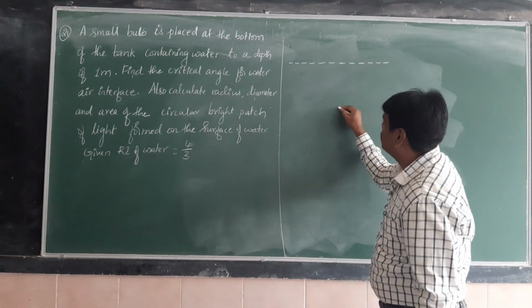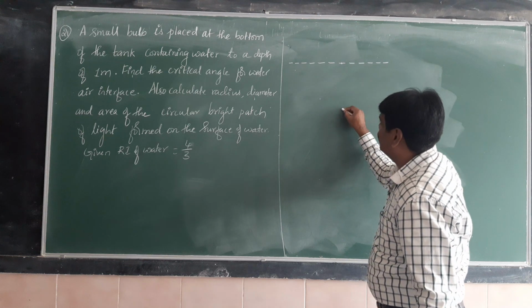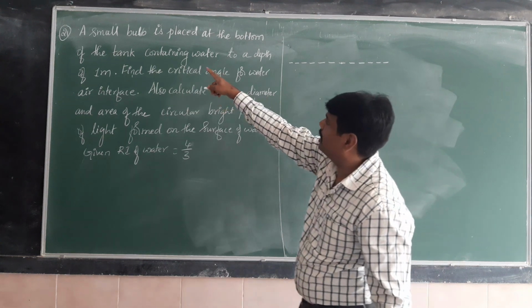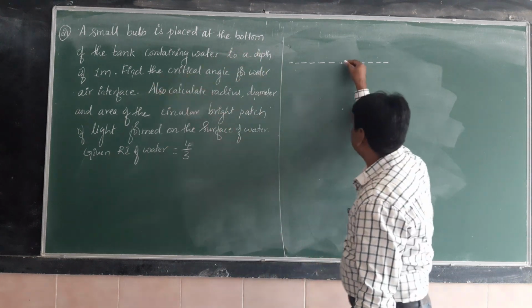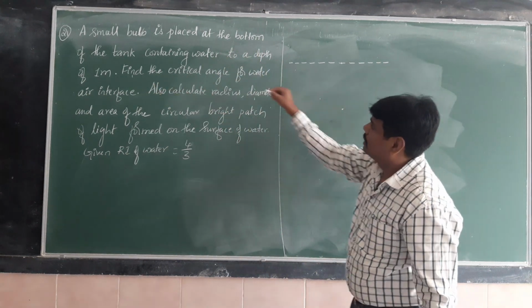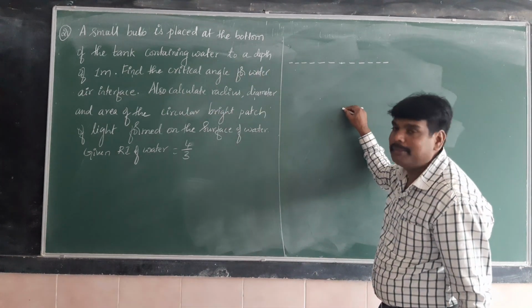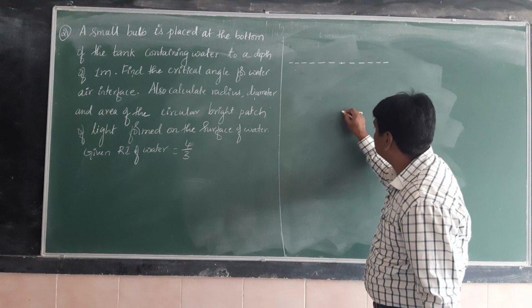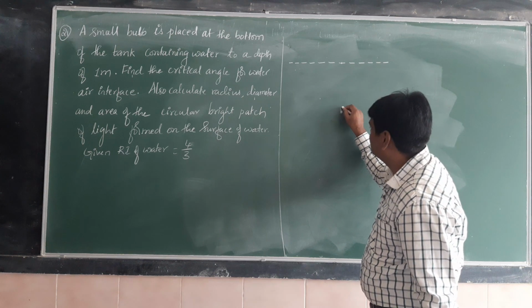Now inside the water, exactly 1 meter below the surface, a small bulb is placed at the bottom of the tank, to a depth of 1 meter. That means from here to here it is 1 meter. At this position a bulb is placed, so I will draw the bulb here.